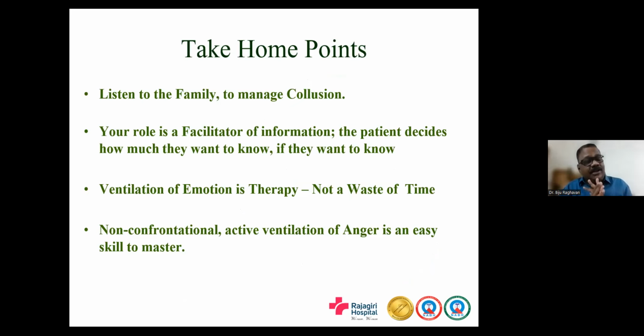And even then, you will never have 100% conversion rates. For people who have been doing this for many years, we all face failures now and then. When it comes to communicating bad news, remember, your role is only as a facilitator of information.